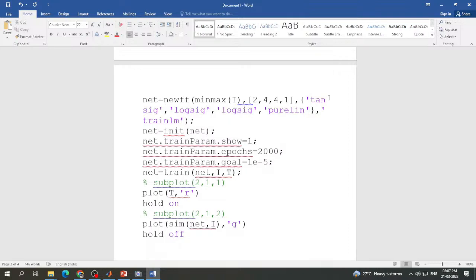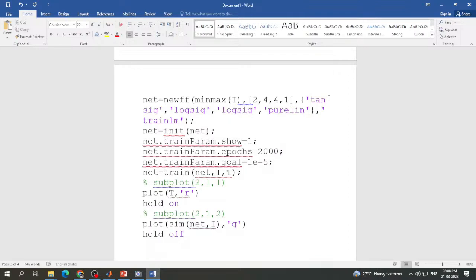So a total of 8 logsig functions, and the last one is purelin. Purelin is a straight line. It is only for fitting the curve at the last stage. So 4 layers are there: 1 input, 1 output, 2 hidden. Similarly, you have to specify the activation function for each layer. And the last one is purelin.